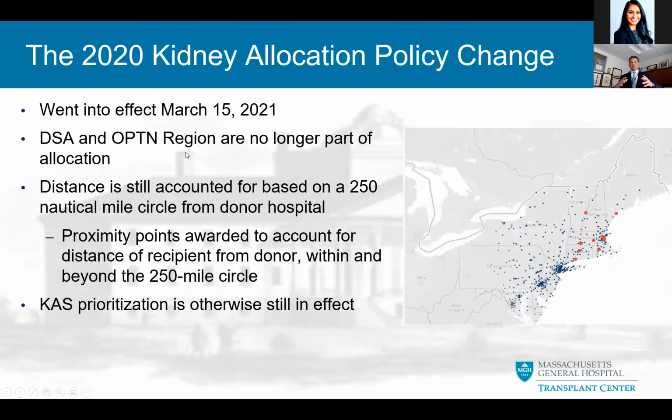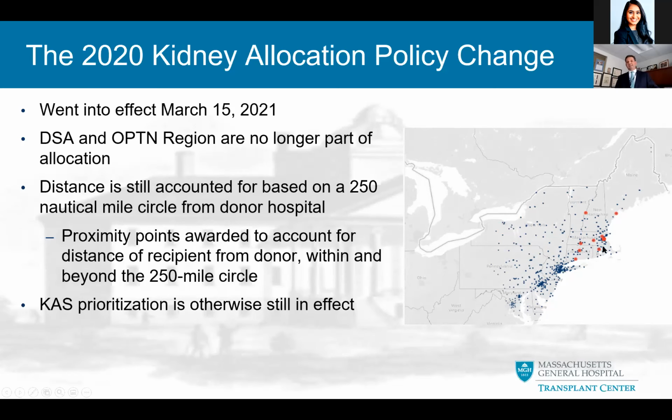So to avoid kidneys traveling too far, to say we're not going to put kidneys for everybody across the country, they created this circle of 250 nautical miles. It's a little more than 250 miles, and the circle center is in the donor hospital.